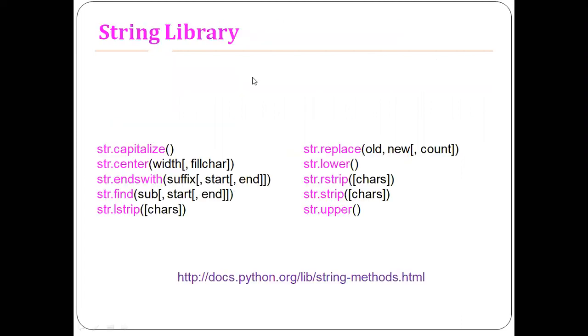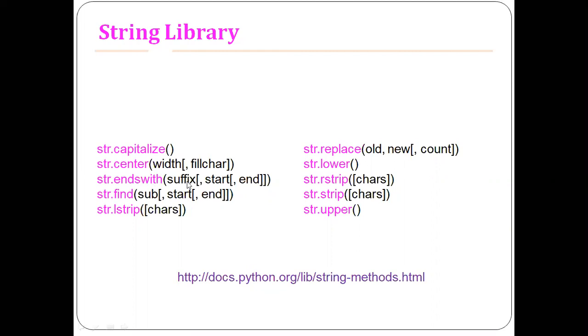So there are some functions which are very useful when writing programs. Look at this one, the string library functions. Capitalize, that is, the first character is converted into uppercase. Center, that is width and the fill character.